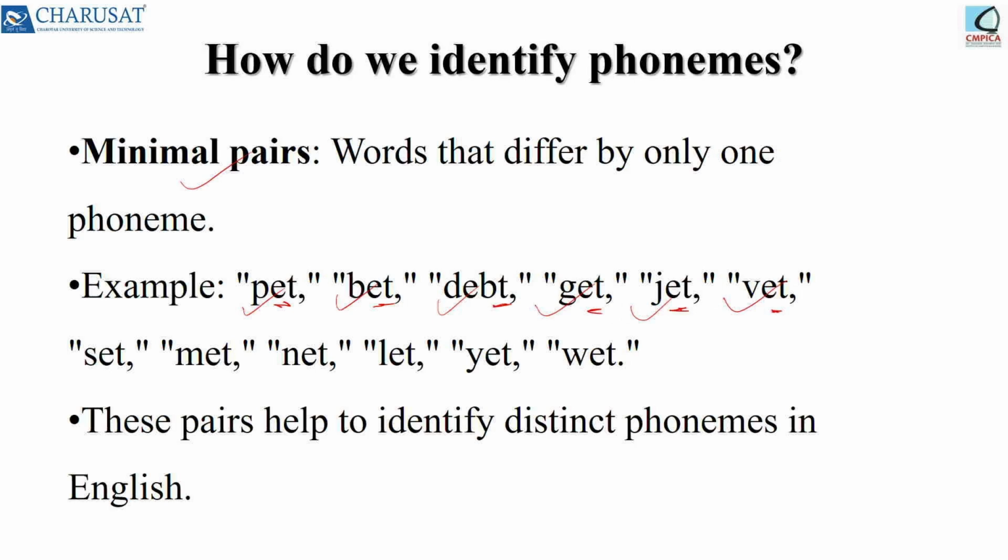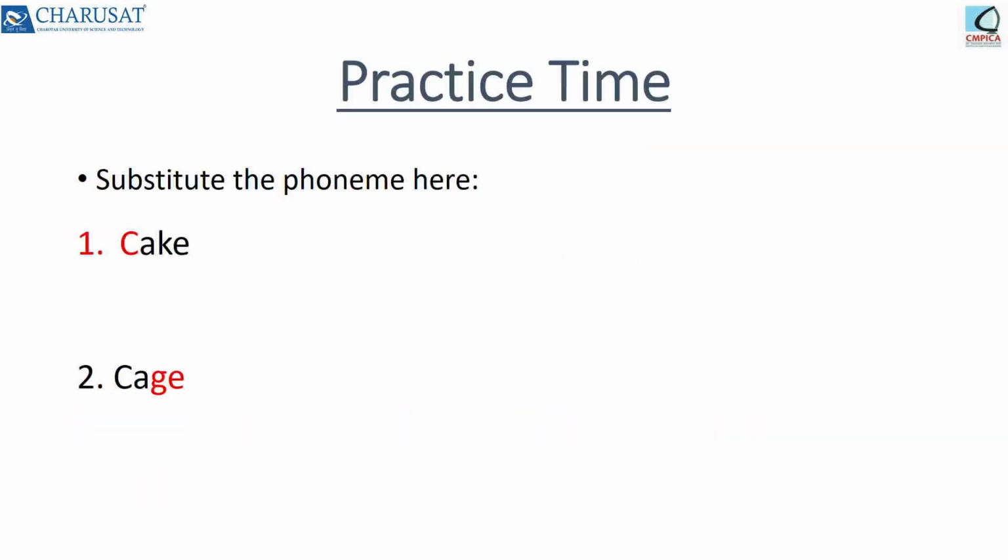Et is common, but what is changing is the phoneme. The sound et is common, but the phoneme is changing every time. These are called minimal pairs, right? Set, met, net, let, yet, wet. We can identify them like that. So, practice time. Let's identify. As I said, it would change as per the position of the sound.